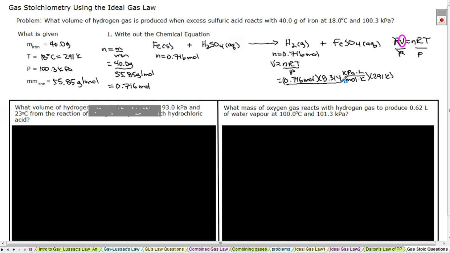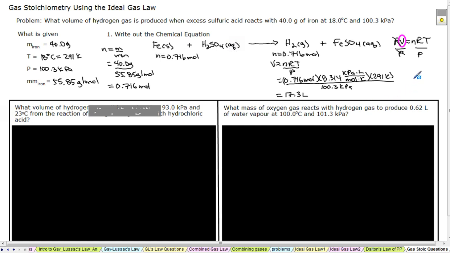Divide all this by our pressure, which is 100.3 kPa. And we get 17.3 liters.